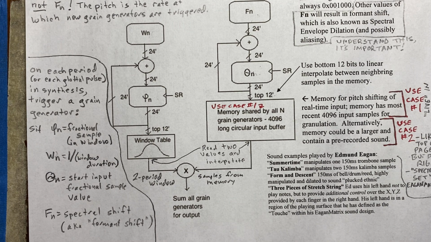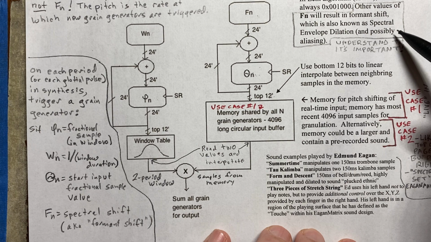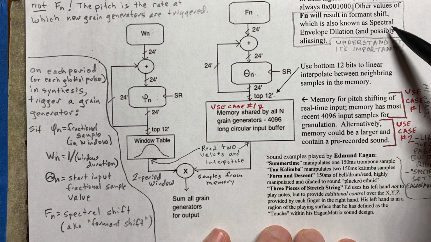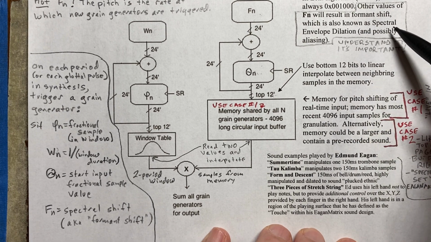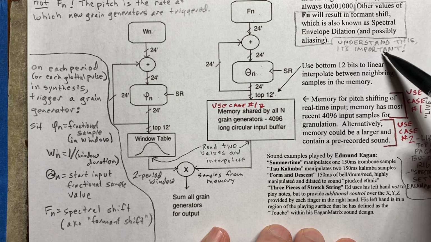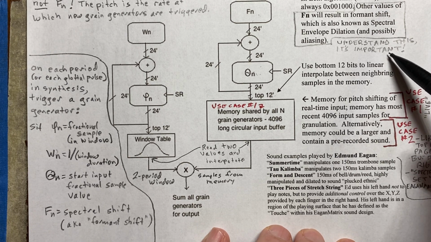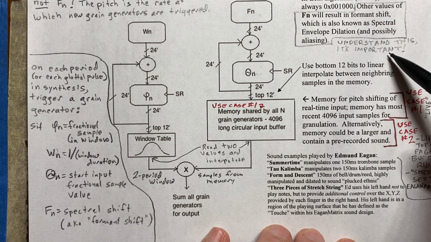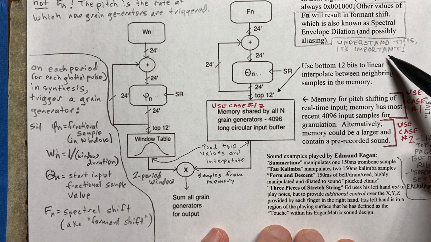All right. So what else does this say here? Yes, if you do a spectral shift, you got to watch for aliasing, so don't do too much of it. But do understand that the spectral shift is important. It's a way to get timbre changes that are super, super important in good Eagan matrix design.